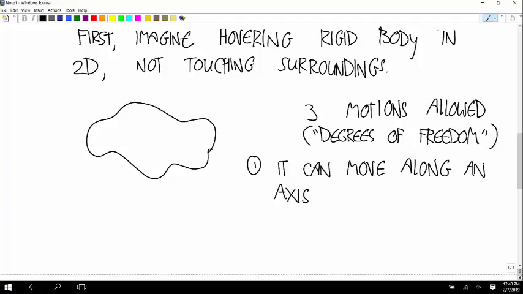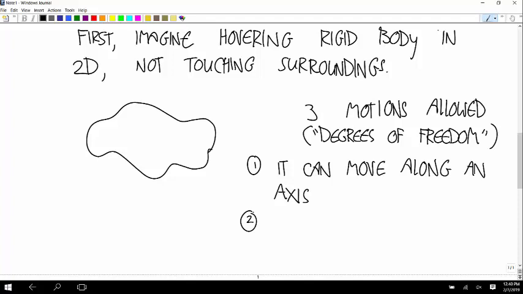So let's choose our axis like this, and this object can move in the positive direction along that axis or the negative direction along that axis, right? But it's free to move, so its motion isn't confined to that axis.